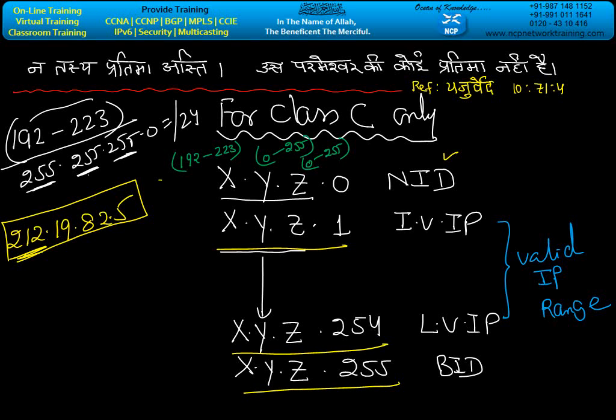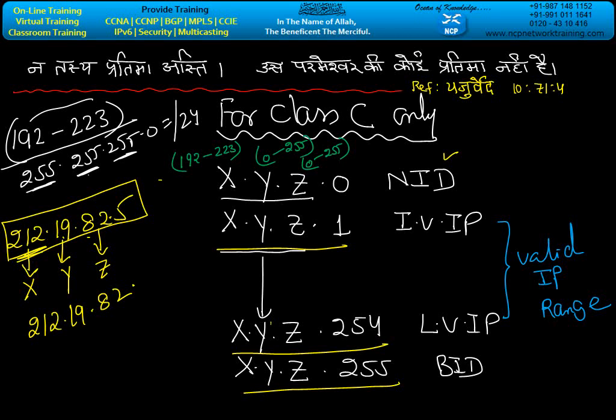You will match this IP address with this pattern: 212 equals X, 19 equivalent to Y, 82 equivalent to Z. With the help of this pattern, you can calculate NID, BID, first valid and last valid without converting into binary format. The NID of this number will be 212.19.82 because X, Y, Z will remain constant throughout NID, BID, first valid and last valid.